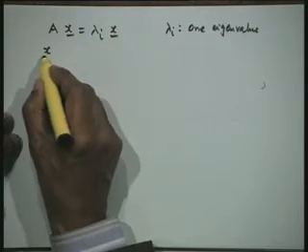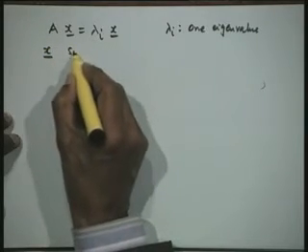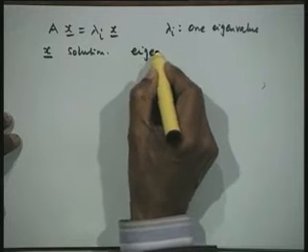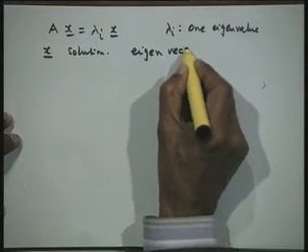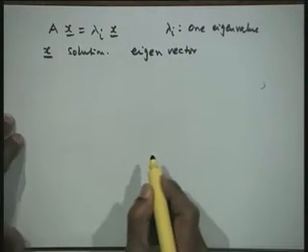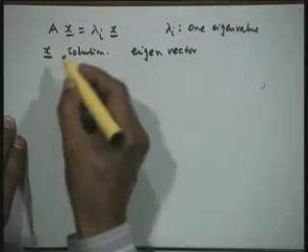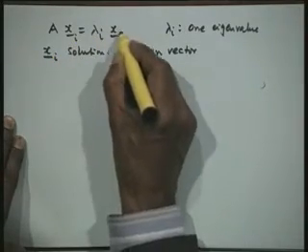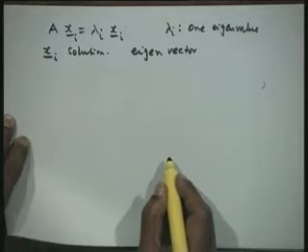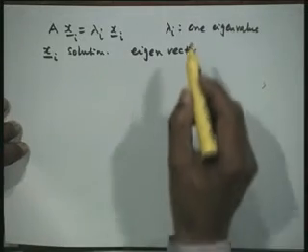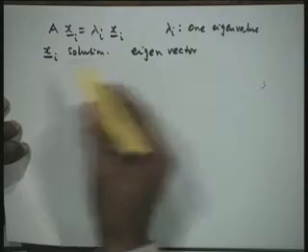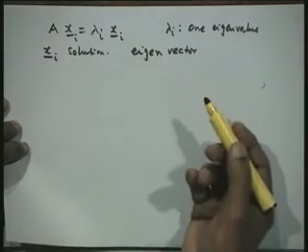Therefore, x will be the solution of this, and this is called the eigenvector. So, for lambda_i and the corresponding solution we put the suffix i, x_i. Therefore, the eigenvalue problem is to determine the eigenvalues and the corresponding eigenvectors x_i. So, that will complete our eigenvalue problem.